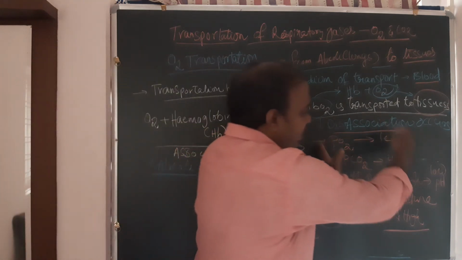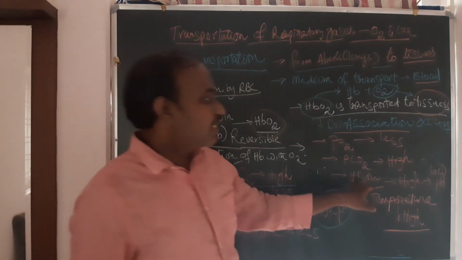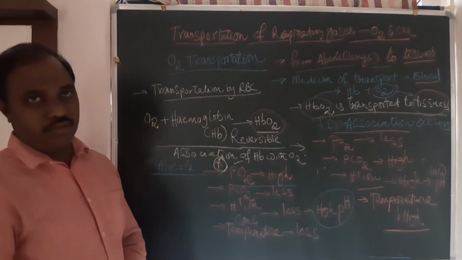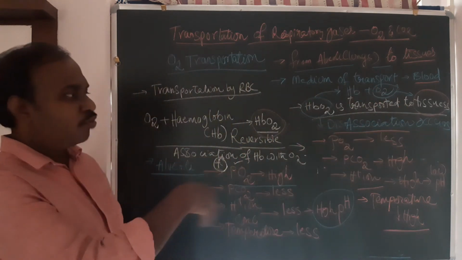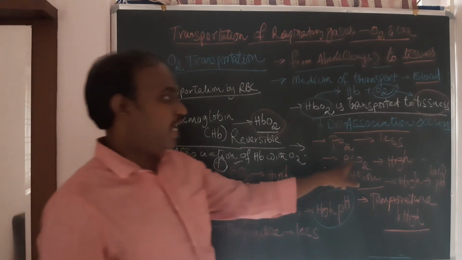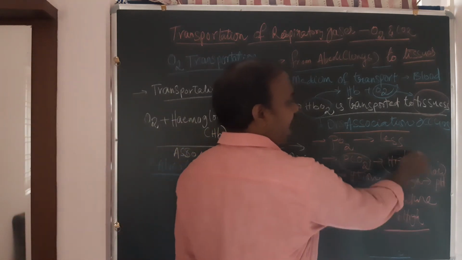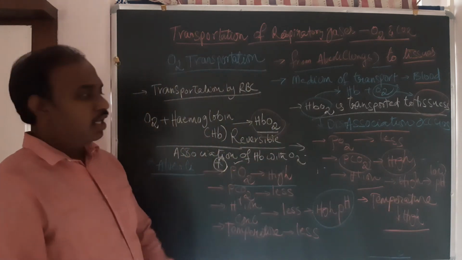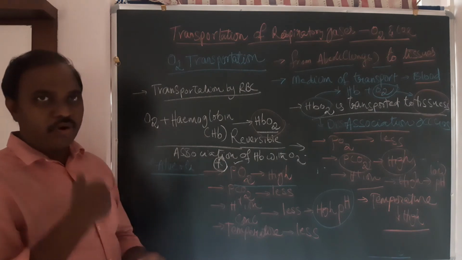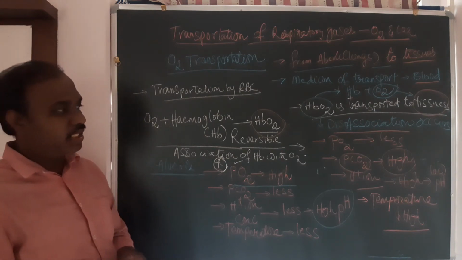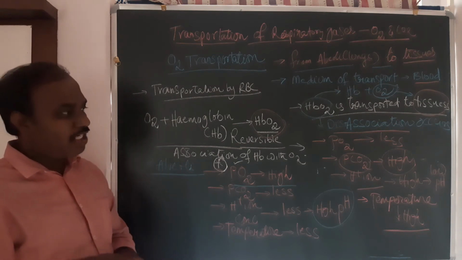Why do we have these conditions here? It is as a result of cellular respiration. In the tissues, there is formation of carbon dioxide, so that is why carbon dioxide is high in the tissues. This carbon dioxide is converted into carbonic acid and bicarbonates for transportation.